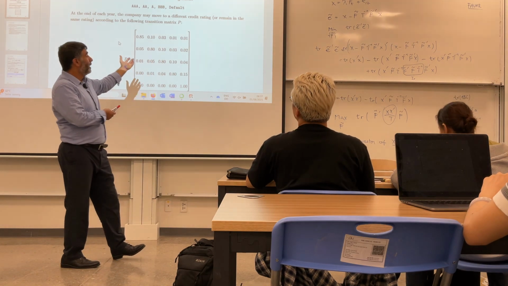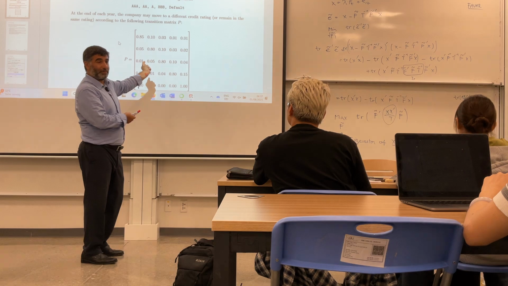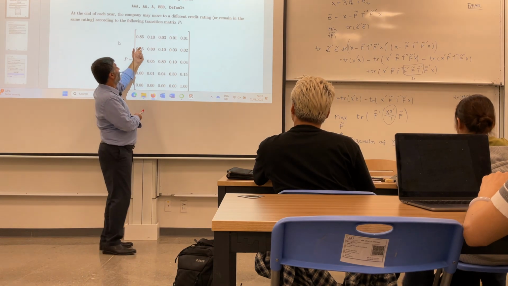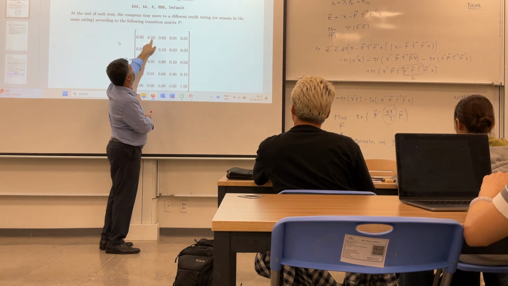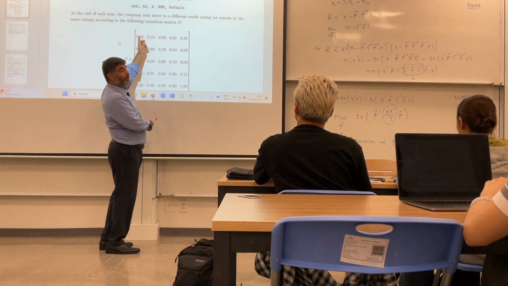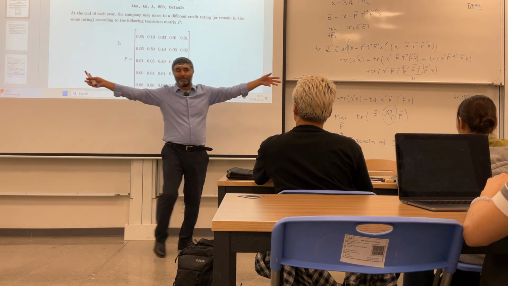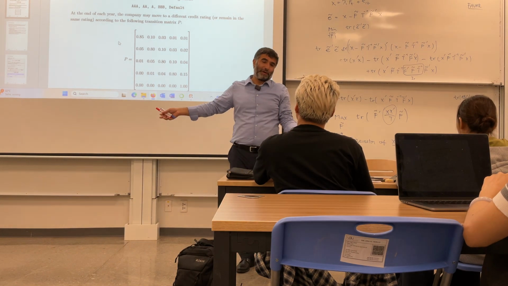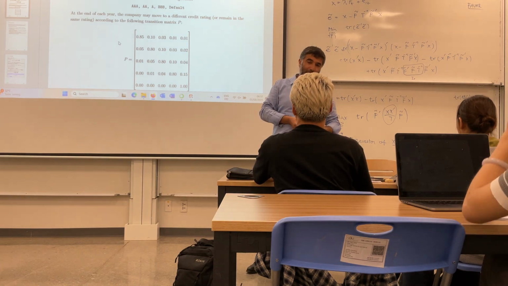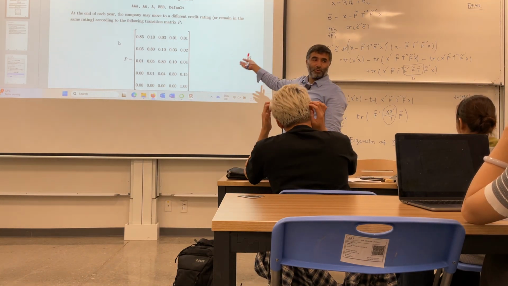And here I put together the transition matrix. Let's say this is point 1. So this is the fraction of time that somebody is in triple A now and then goes to a double A. You can look at all of the history of all of the companies and see what the fraction was. If you were a triple A and the next year you went to a double A, I made it to be 10%.